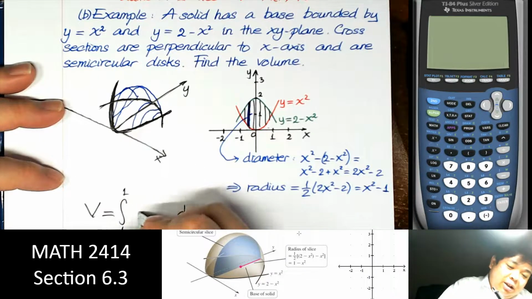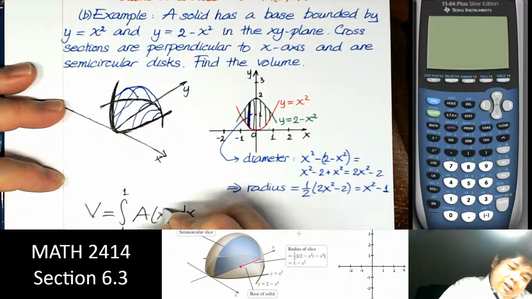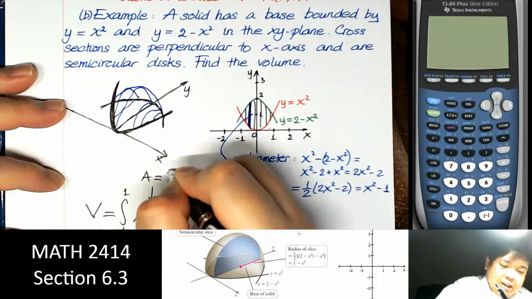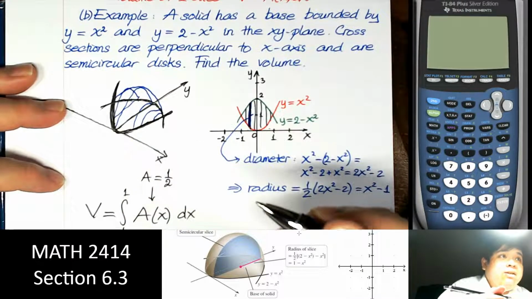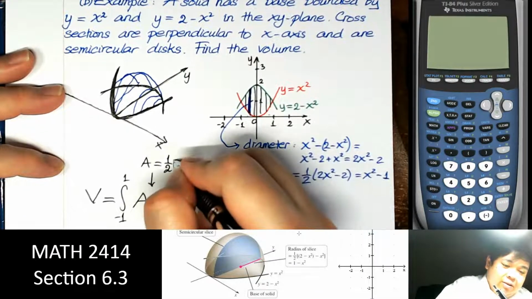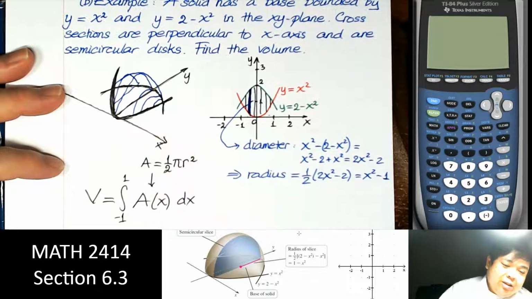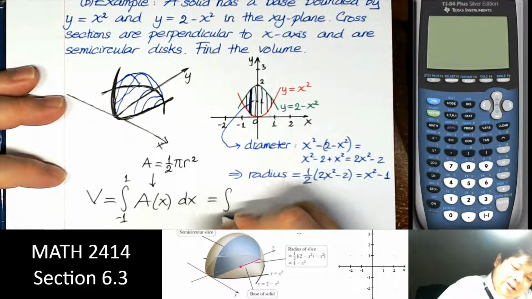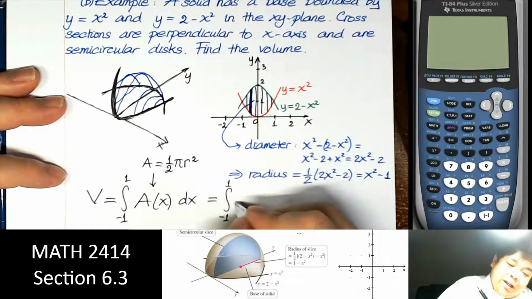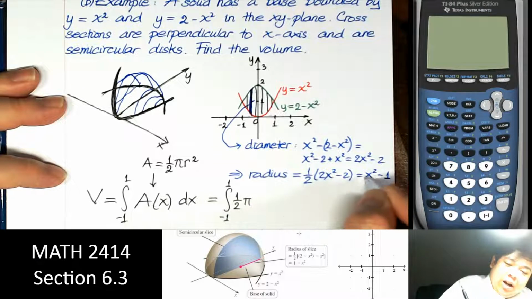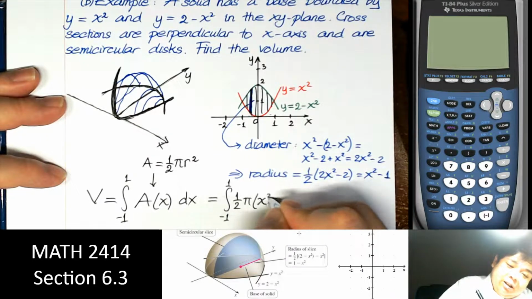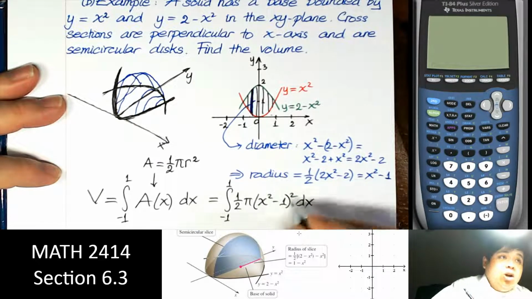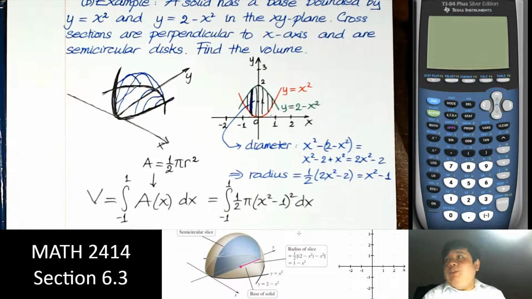And the cross-sectional area, this is the semicircular disc, so one half of the whole disc. One half, the radius is this one squared, and dx. So when we do that, we have the volume.